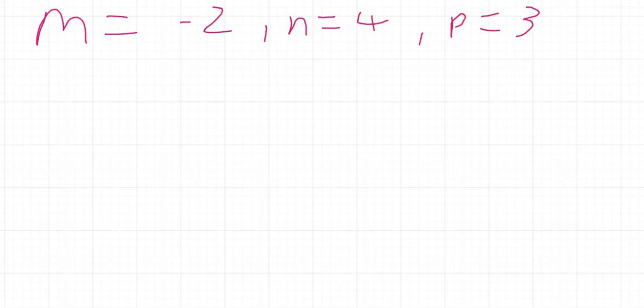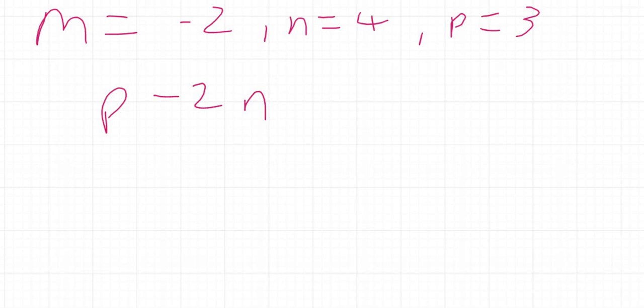So if I have an expression, let's say p minus 2n. Now what will this expression be after substituting the numbers into the expression?